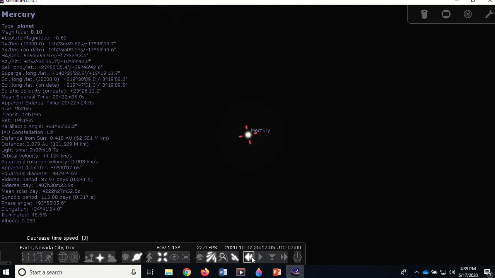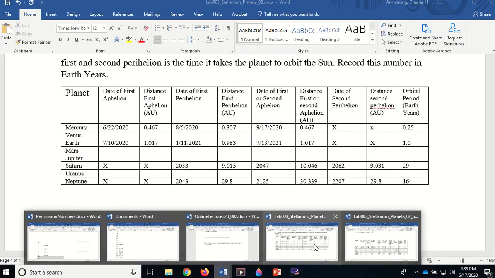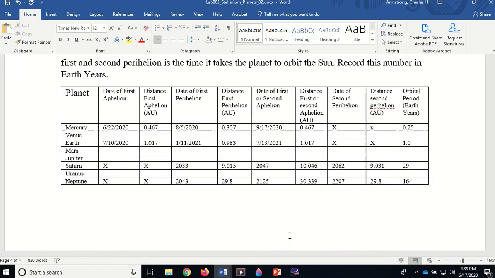17, 18. Here's another thing too. It's going to be the same, basically the same number. See, Mercury's first aphelion was 0.467. So it's going to be 0.467 again. They're going to be close. When you get out here, these guys weren't exactly close. You see, when I did Saturn, it was 2033.